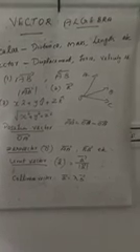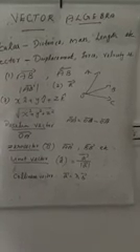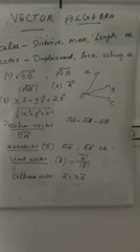And if two points are given, x1, y1, z1 and x2, y2, z2, how will you find the vector between them? First the initial point x1, y1, z1, second the terminal point x2, y2, z2.